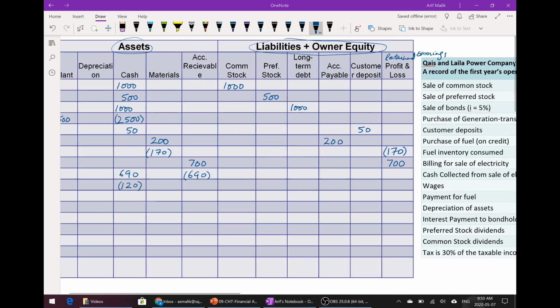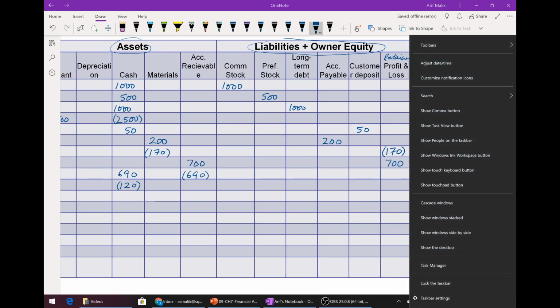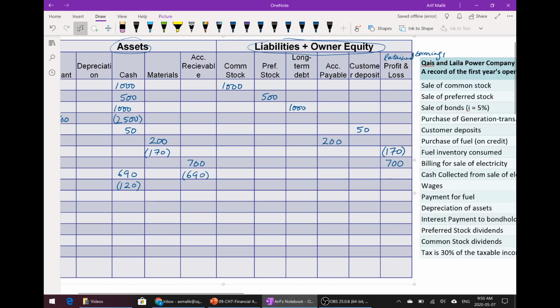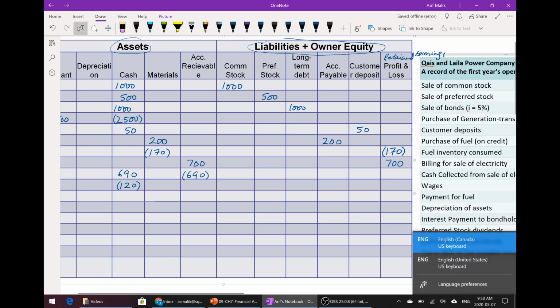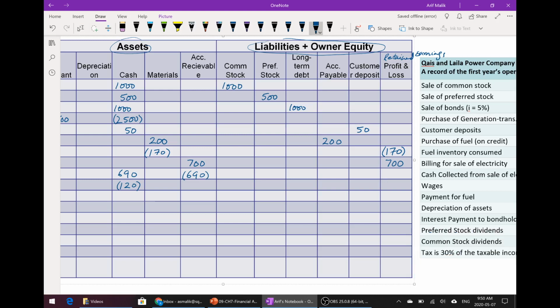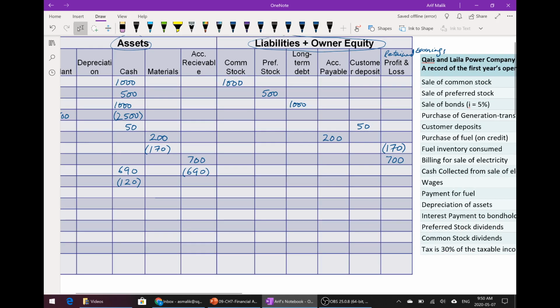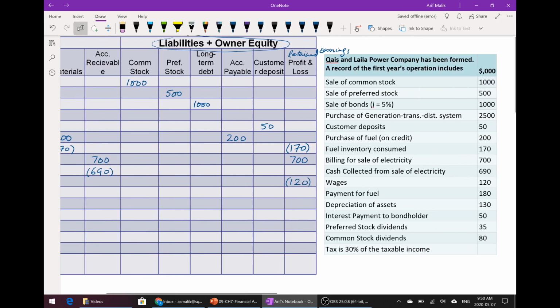So we put it in the retained earning column here. We put expenditure.